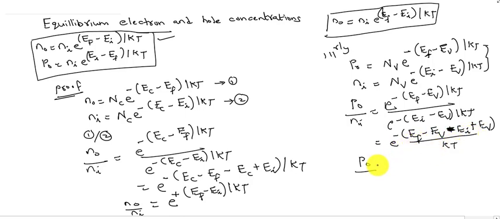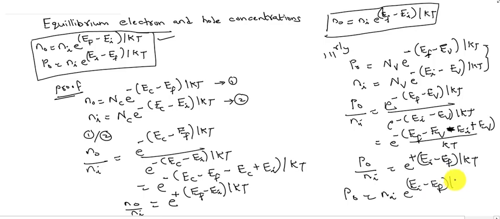So p0 by ni is equal to e raised to minus, and Ev and Ev get cancelled, and this becomes (Ef minus Ei) by kT, that is e raised to (Ei minus Ef) by kT. On cross multiplying, p0 is equal to ni into e raised to (Ei minus Ef) by kT. So these are the two expressions we have to study, the expressions for n0 and p0 in terms of ni.